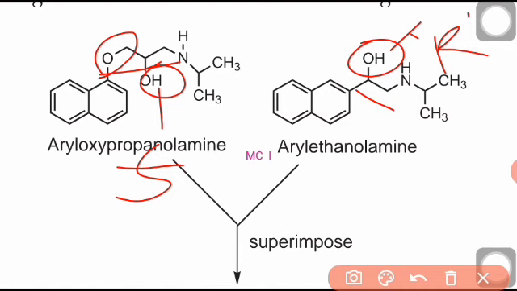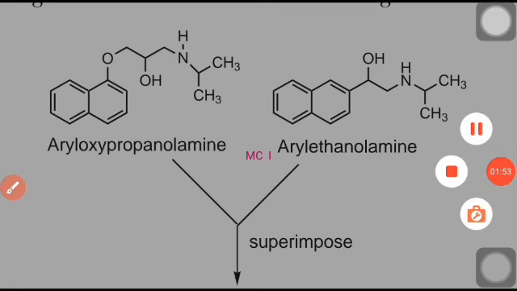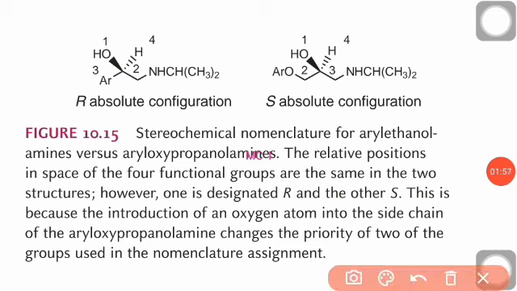So how does this difference of isomer still have beta blocking effect? This is aryl ethanolamine, or otherwise beta phenylethylamine, and this is beta propanolamine.